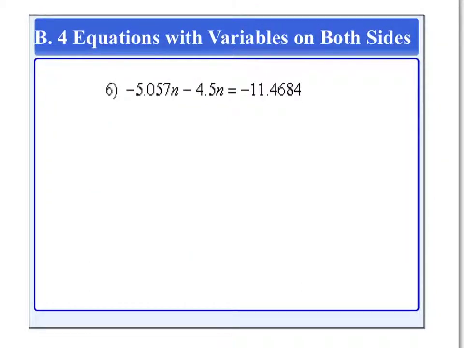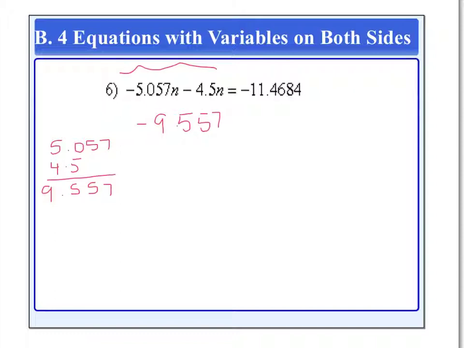The next one, we are going to combine our like terms, so we're going to have to combine these two together. We've got 5.057 that has to combine with 4.5, which is going to give us negative 9.557n equaling negative 11.4684. Oh, I forgot my n over here.